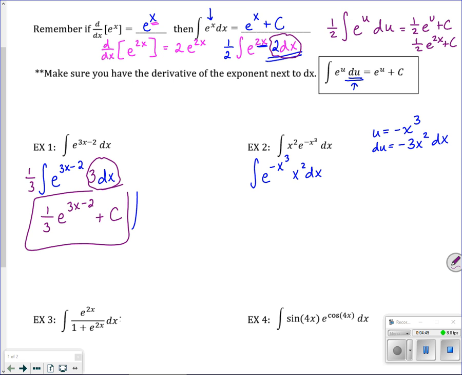So you say, oh, sweet. I have the variables next to dx. The only thing I'm missing is a negative 3. So I have to have a negative 1/3. That's my poofy cloud. I would get negative 1/3 e to the negative x cubed plus c.